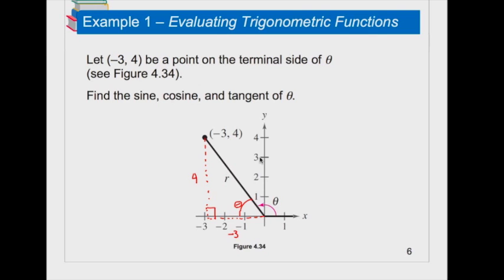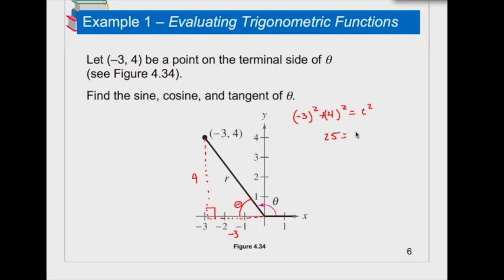I have 4 over here because it's going up 4 and over 3. And now I just need the hypotenuse, the r value, which is going to be -3 squared plus 4 squared. And then I'm going to take the square root of that afterwards because that's going to equal c squared. So, very nice.